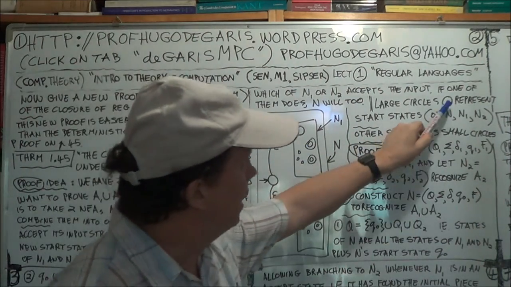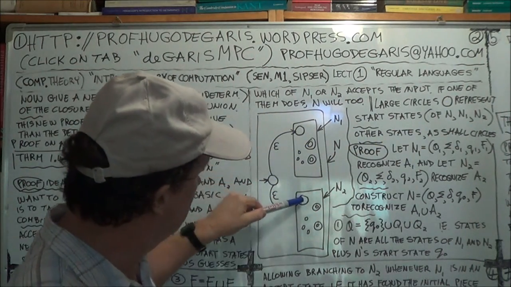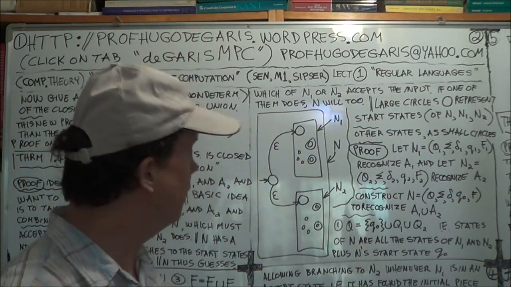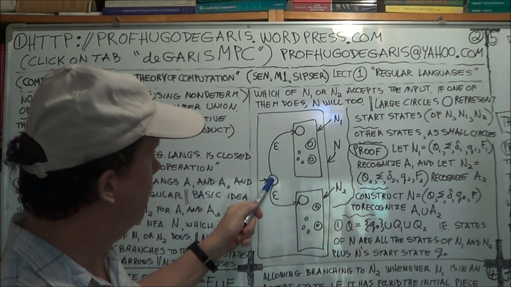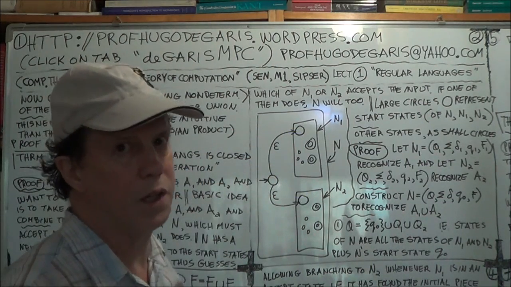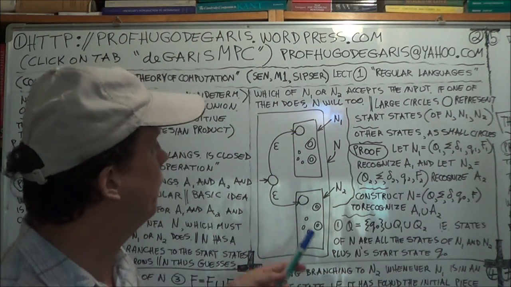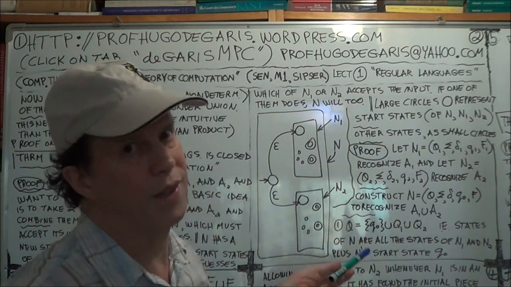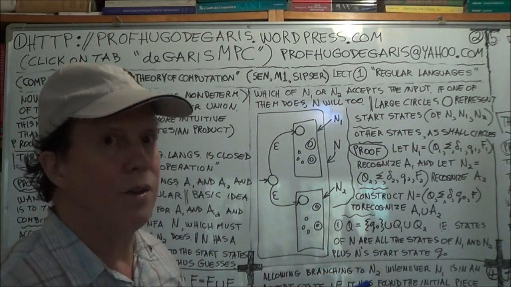Oh, by the way, these large circles like this, here, here, and here, the large circles represent starting states. Okay? So this would be the starting state of big N, and these two here, they're the starting states of N1 and N2, respectively. Okay? And the small circles here, they just represent other states. Okay?